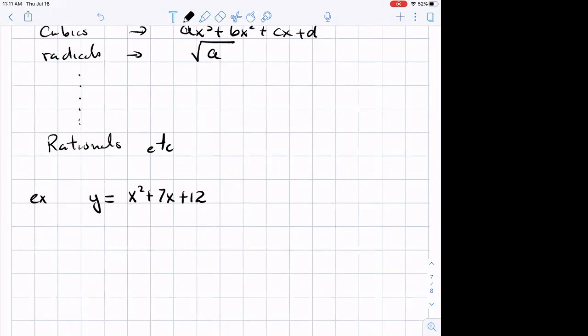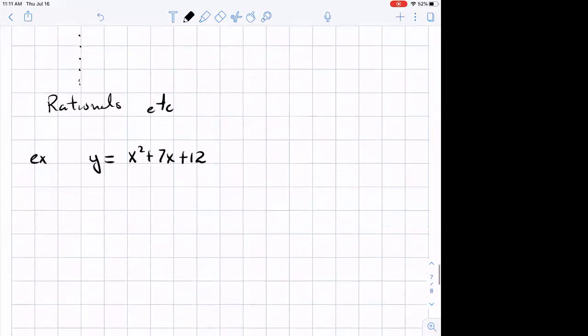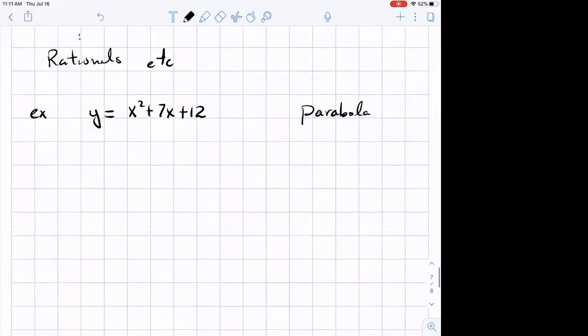If you draw this, you should know the graph of any quadratic is called a parabola. A parabola looks like this, or it could look like this.